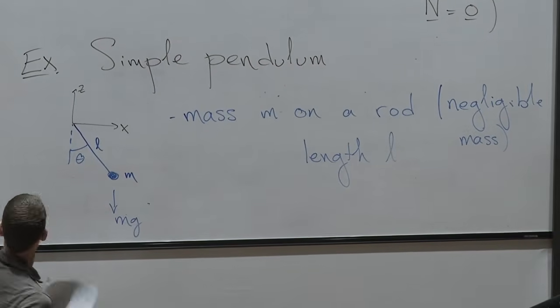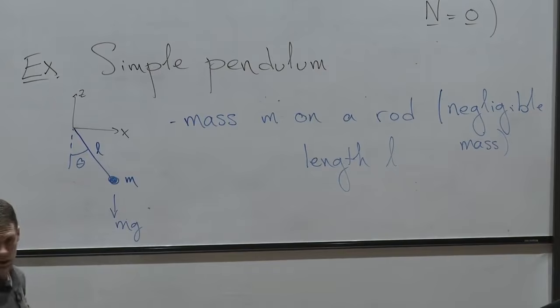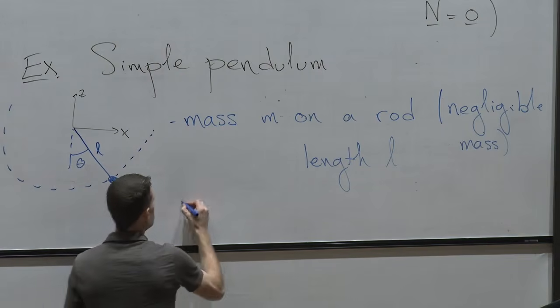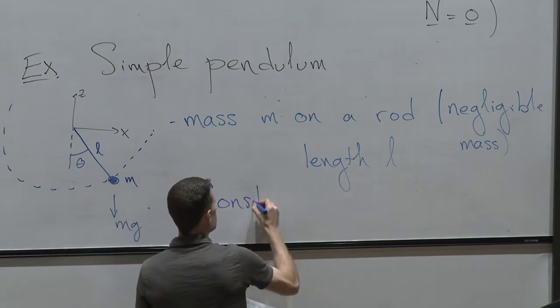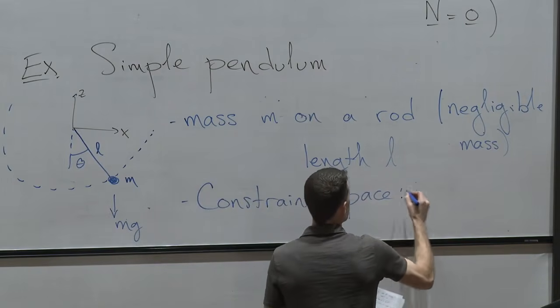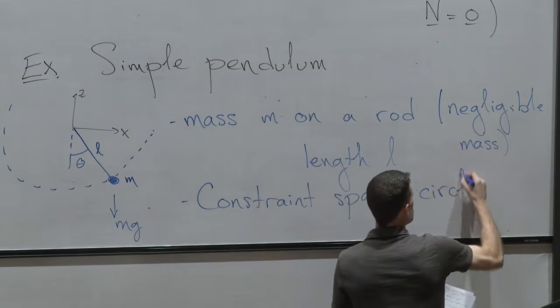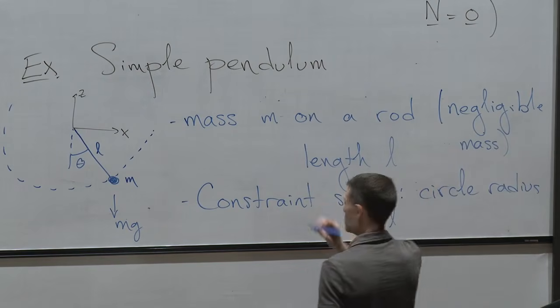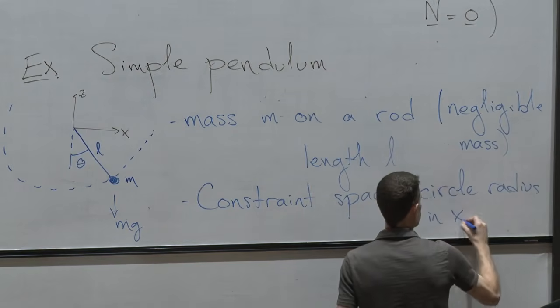So, in the language we've been using, the constraint space is this circle of radius L, and that's in the xz plane as I've drawn it.